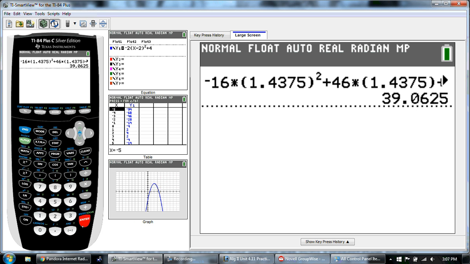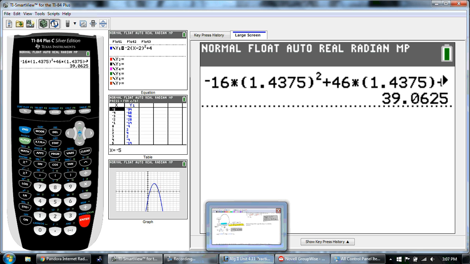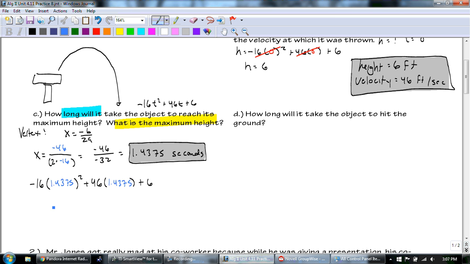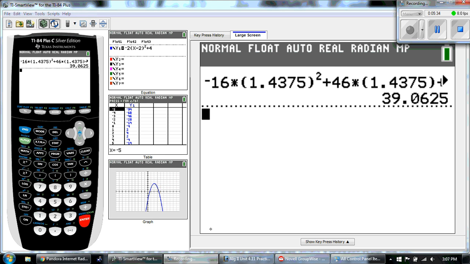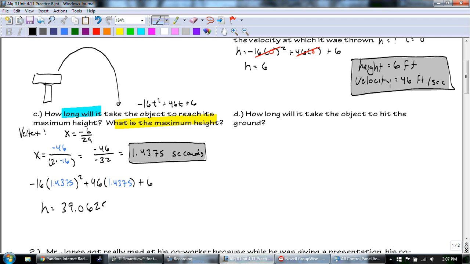Okay, and then we get the maximum height, okay, I'm going to write this in, our height is 39.0625. If they asked to round it, we would say that that is 39.06 feet.